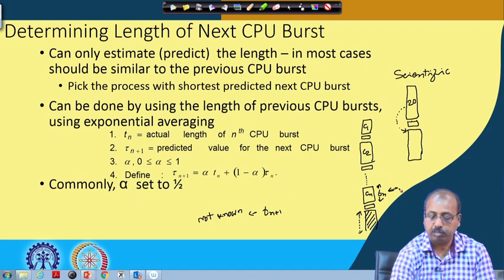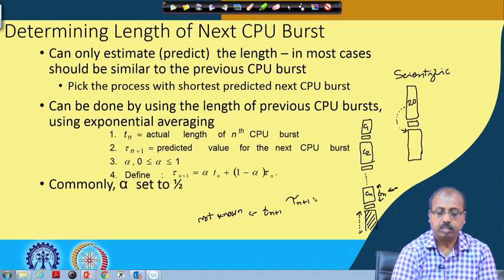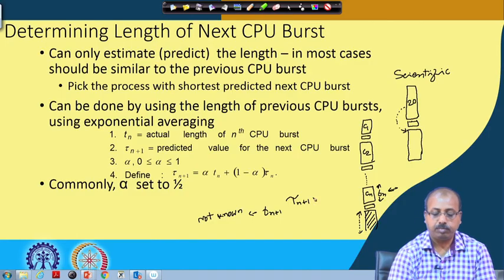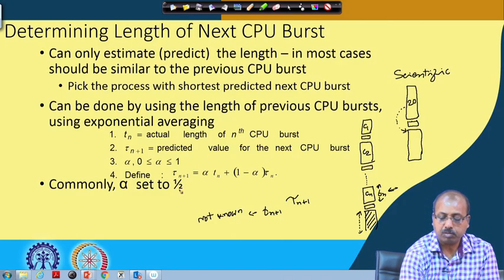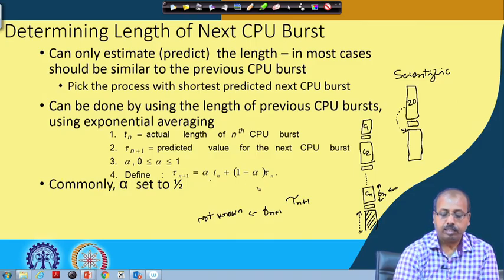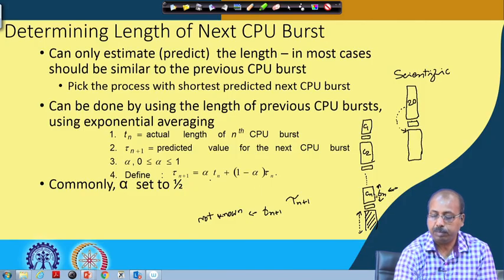So, what we try to do is predict the value of tau n plus 1. We try to predict the size of the next CPU burst. So, we say that tau n plus 1 is basically alpha times T n plus 1 minus alpha times tau n, where tau n is the prediction that we had at this point.